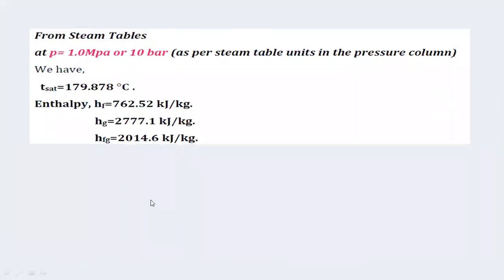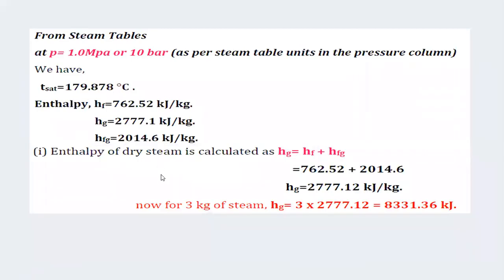So at 1 megapascal or 10 bar, we have got these values from the steam table, which we have extracted. Then, as I told you, for a dry steam, we have this equation, or directly you can take this value also directly from steam tables. You can take this value for a dry steam. The same we get here also, you can see here. But this is for what?